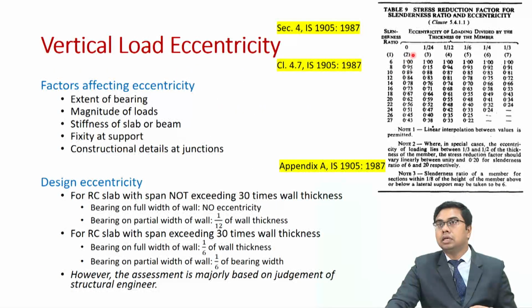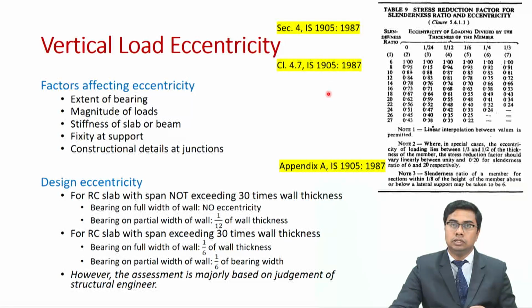Okay. Apart from this, the eccentricity in this table is expressed in terms of eccentricity of loading divided by the thickness of the member, that is the wall thickness. So, it has been considered to vary from 0 to 1/3. So, what you observe from this table is that you account for the effect of slenderness ratio and eccentricity through use of the stress reduction factor, which is obtained from Table 9 of IS 1905.